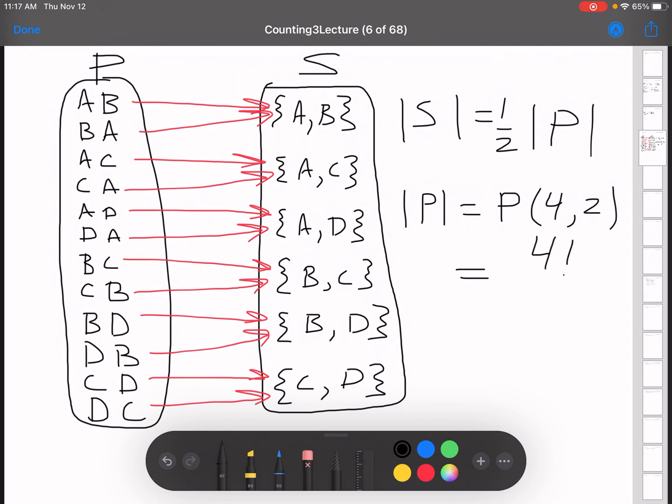This is 4 factorial over 4 minus 2 factorial. So the cardinality of P is 4 factorial over 4 minus 2 factorial.